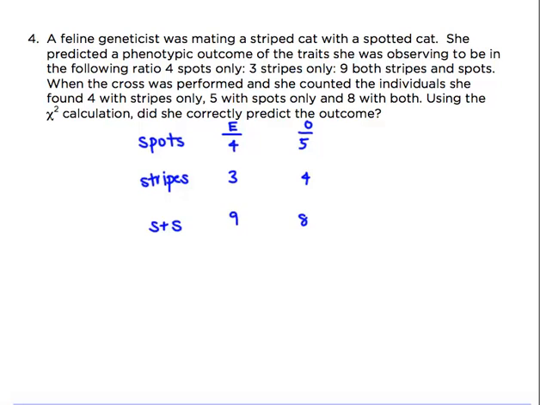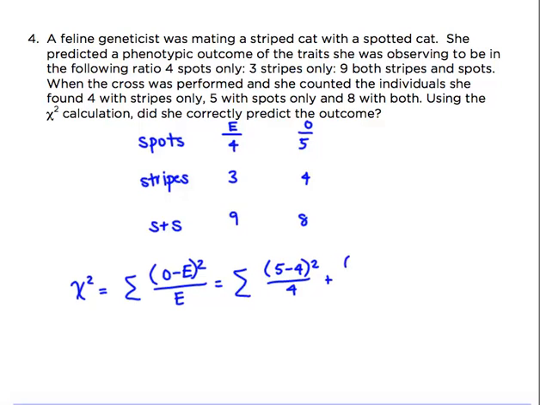So let's do the chi-square analysis. Chi-square would be the summation of observed minus expected squared over expected. So this would equal the summation of 5 minus 4 squared over 4 plus 4 minus 3 squared over 3 plus 8 minus 9 squared over 9.